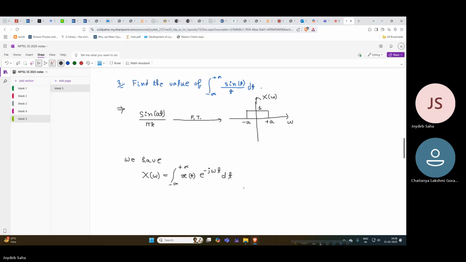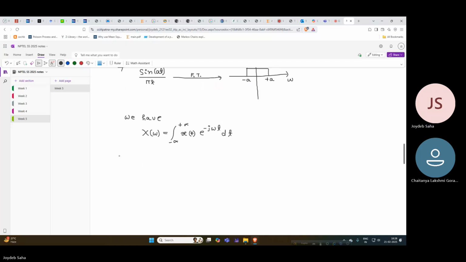Now put x(t) is equal to sin at divided by pi t. Fine. Okay.